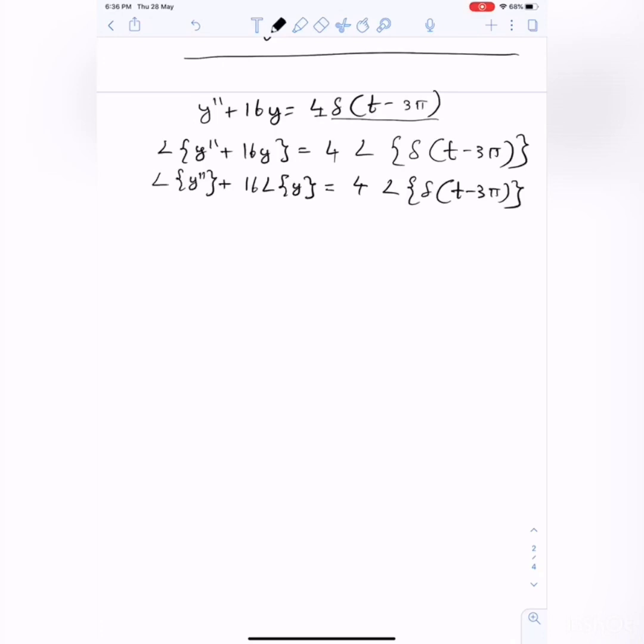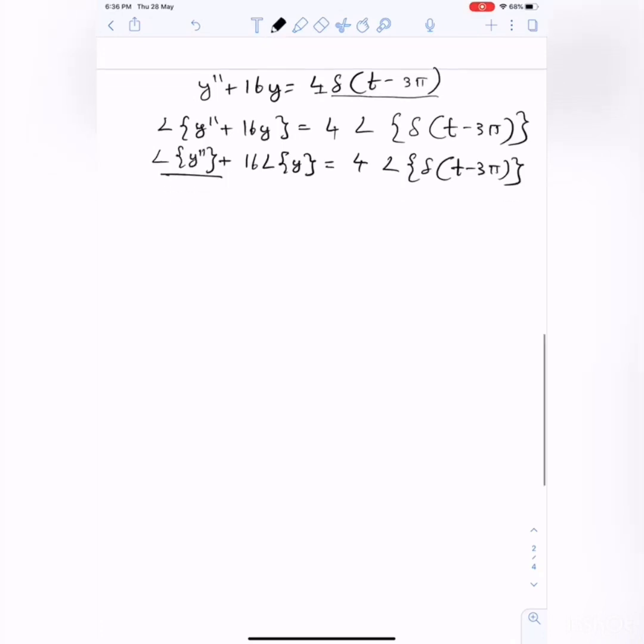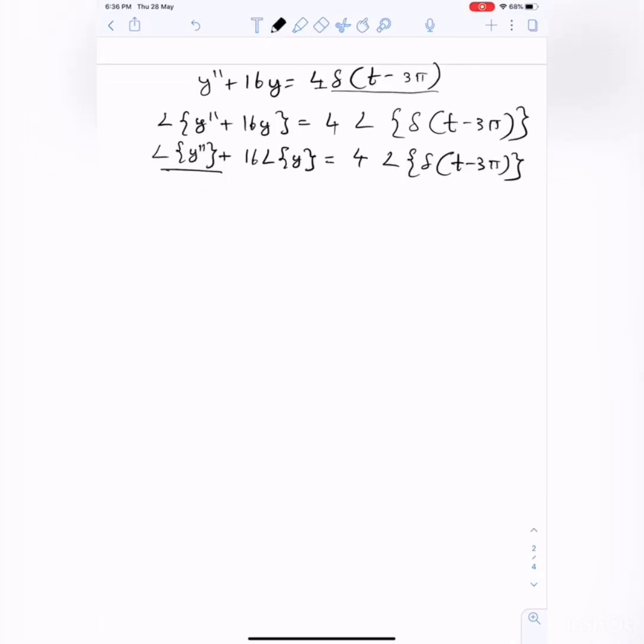Okay, so we know the Laplace transform of y double dash. The Laplace transform of y double dash is nothing but s square times Laplace of y minus s times y of 0 minus y dash of 0 plus 16 times Laplace of y equals 4 times the Laplace of Dirac delta of t minus 3 pi.